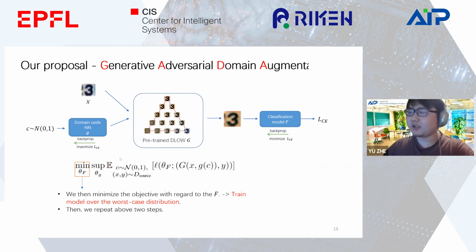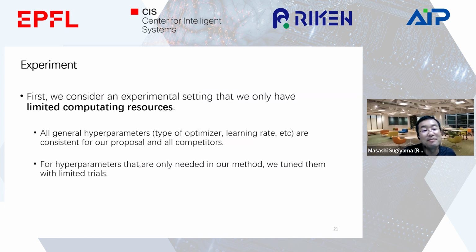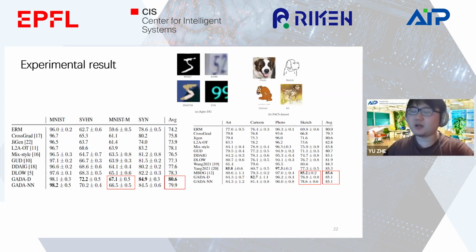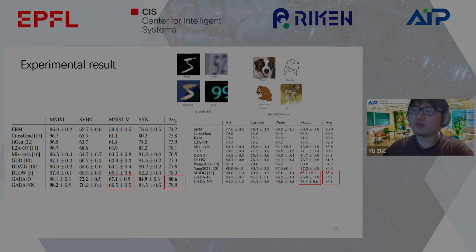So we do not have a lot of hyperparameters in our work. So the number of hyperparameters is the same as previous methods, or do you have more? Because different methods have different numbers of hyperparameters. Right. I can just say for some methods we have fewer hyperparameters, but for some methods we have more.